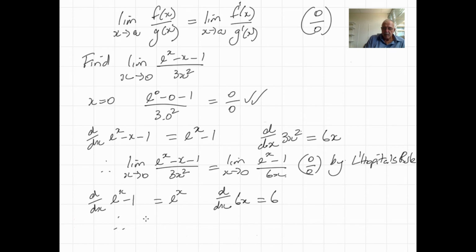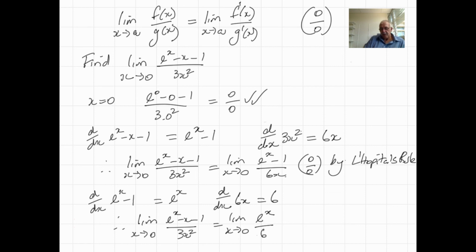So therefore the limit, go right back to the original, x approaches 0 of e to the x minus 1 all over 3x squared equals the limit as x approaches 0 of what eventually is the second derivative of the original, and that'll be e to the x over 6.